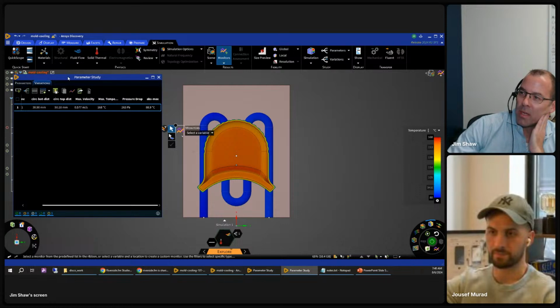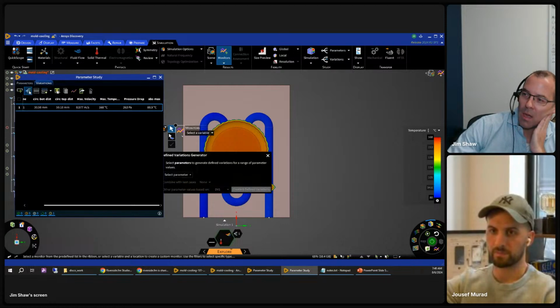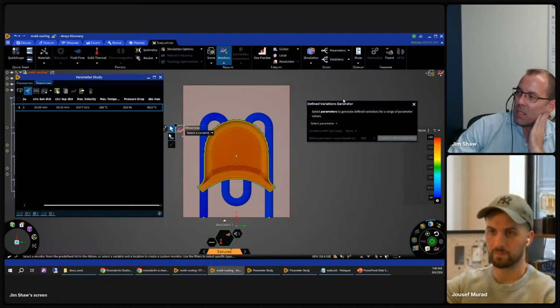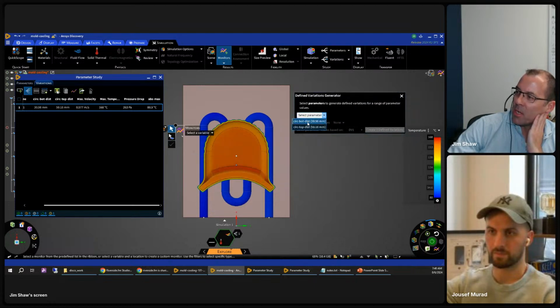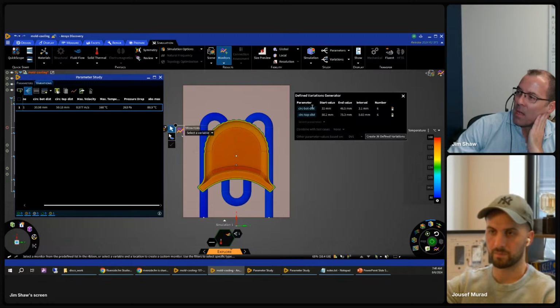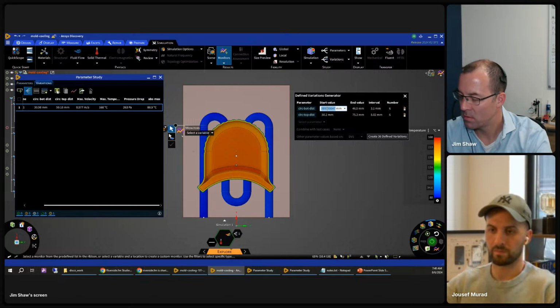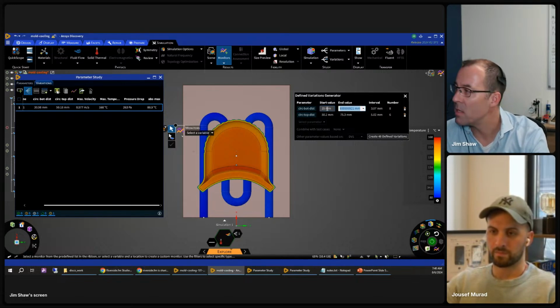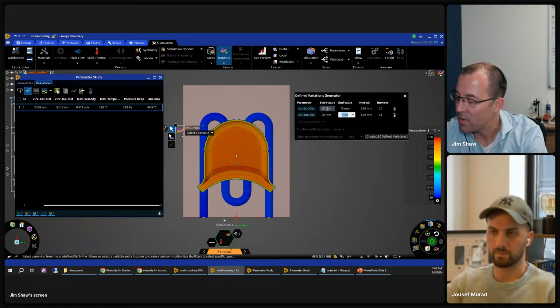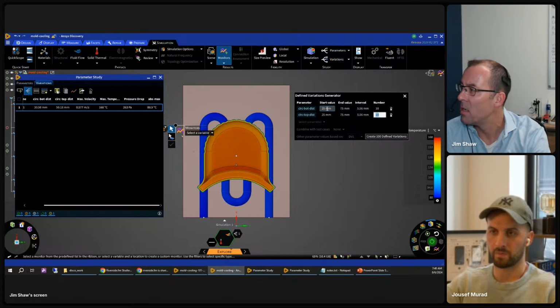And what we can do is we can create variations, right? Just like any other DOE tool, I can create my matrix. So I'm going to select this parameter and I'm going to select this parameter. So I've got my bottom circuit distance and my top circuit distance, and I might have some sort of minimum, say 25 millimeters, a maximum of 75, and I'll have, say, 10, and I'm just hitting tab here, 25, 75, and 10.